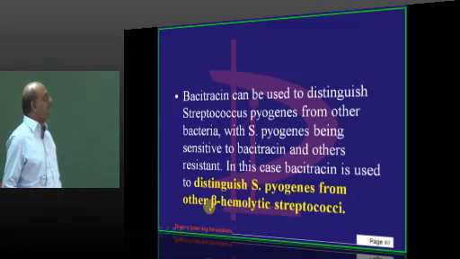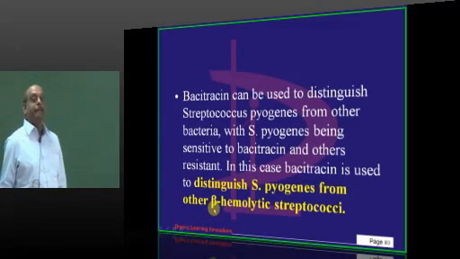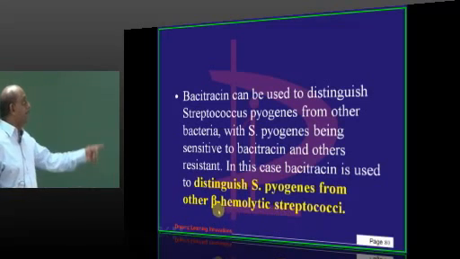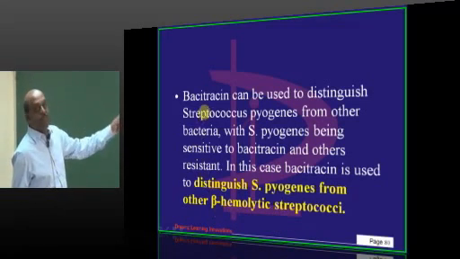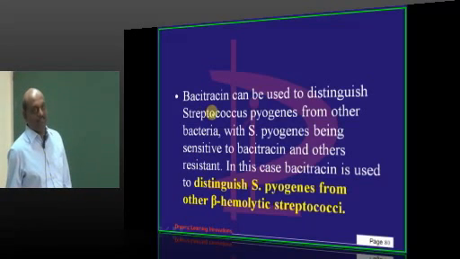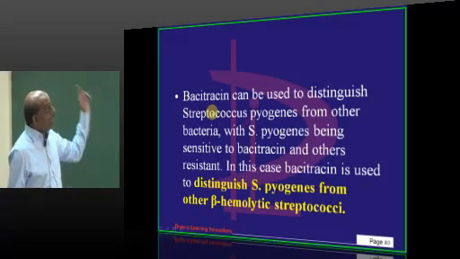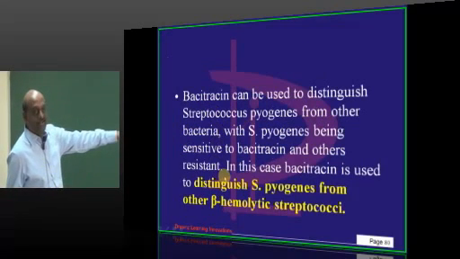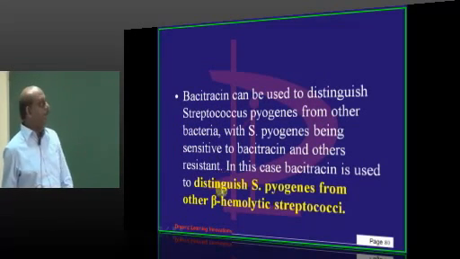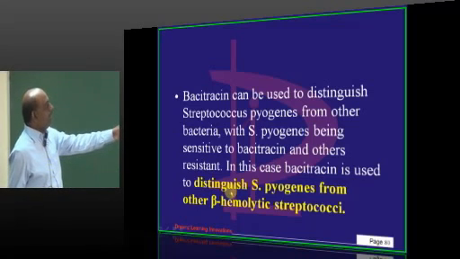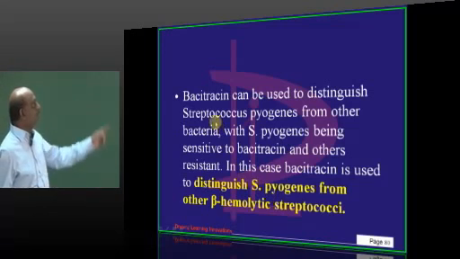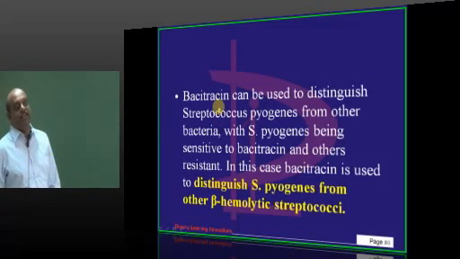Streptococcus pyogenes from beta hemolytic streptococci. Otherwise you can remember B is beta, B is bacitracin. They were all alpha hemolytic, no. We are talking here what? Beta hemolytic streptococci, to distinguish them from Streptococcus pyogenes which is found in the throat, we use bacitracin sensitivity.